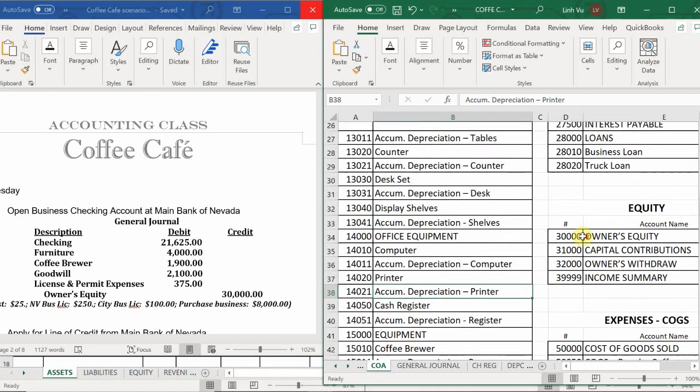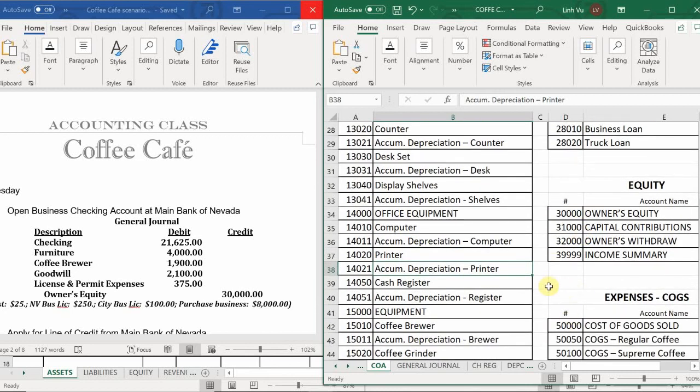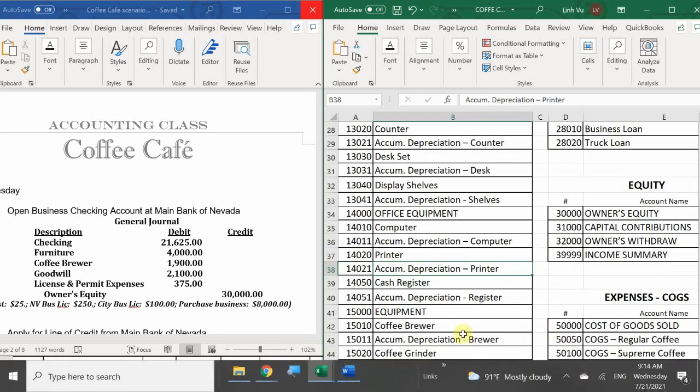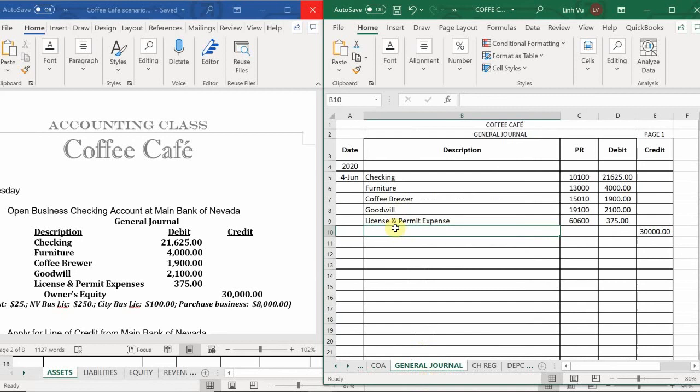So once again, what's my owner's equity account? 30,000. So if it was a loan, it would still be equity, right? Okay, if you borrowed money, yes. But in terms of this, he had the money regardless of where he got it from, so it's owner's equity.